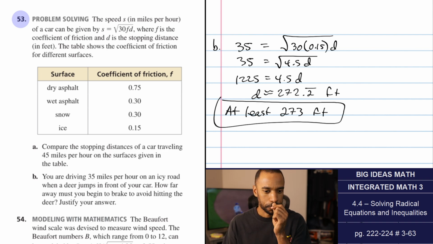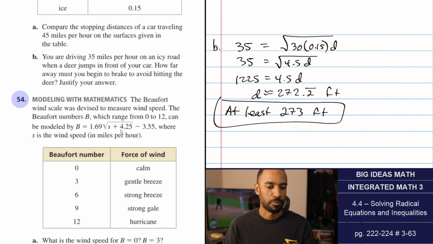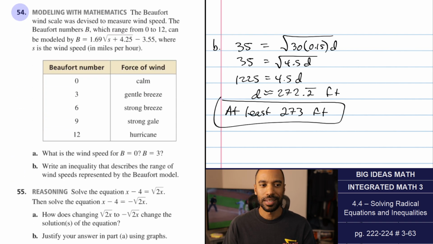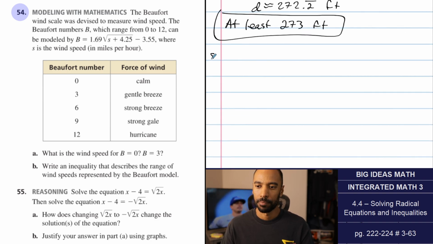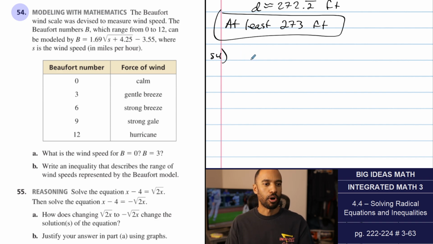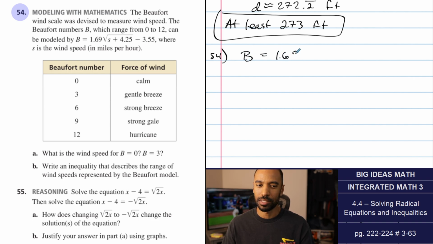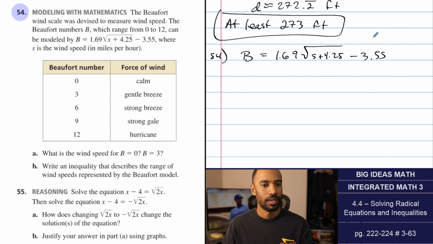All right. Number 54. Modeling with mathematics. The Beaufort wind scale was devised to measure wind speed. The Beaufort numbers B, which range from 0 to 12, can be modeled by B equals 1.69 times the square root of S plus 4.25, minus 3.55.